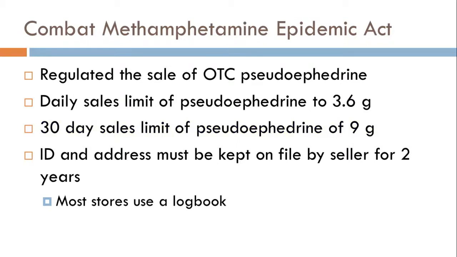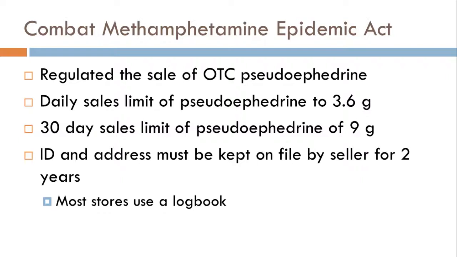Anybody that's trying to possibly make illicit drugs like methamphetamine, they're going to be exceeding this. And they'll use girlfriends and boyfriends and cousins to buy all the Sudafed that they need. Sudafed is the brand name for pseudoephedrine, and that is what we have to limit here, how much they can get of that. Whenever a patient buys this, we need to have an ID and an address, and we're going to have to keep it on file for 2 years.